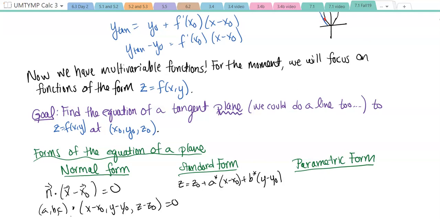And then there's parametric form, which rightfully has two parameters, s and t, as we saw previously, where we begin with a point, x0, y0, z0, something that is on the plane, and then we extend from the plane in two directions, s times vector 1, let's call it x1, y1, z1.